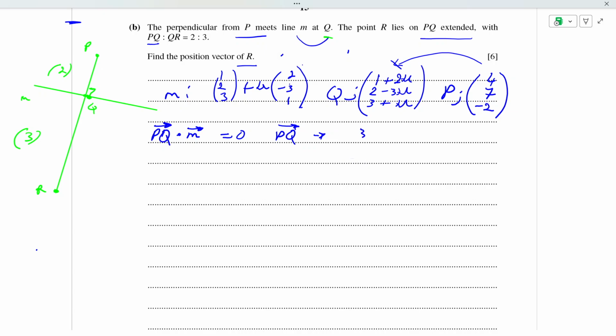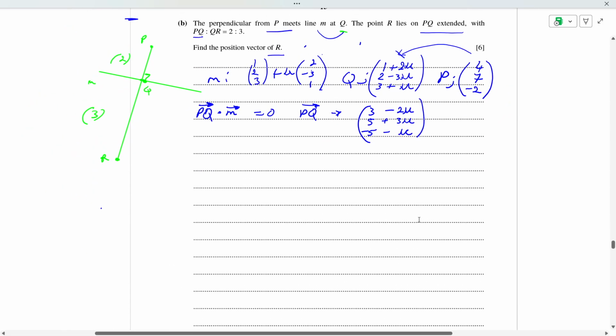So we have (3, 5, -5), and then minus (2 mu, -3 mu, mu), so it's -2 mu plus 3 mu minus mu, because we subtracted Q from P.